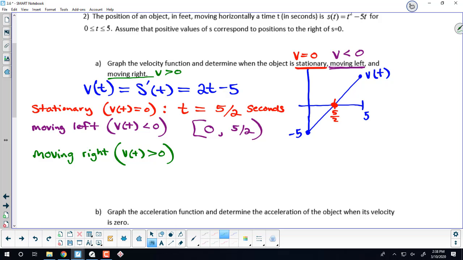So a similar thing, when is it moving to the right? Well, it's from 5/2 to 5. We're including the 5, and we're excluding again the 5/2. Any questions on that?